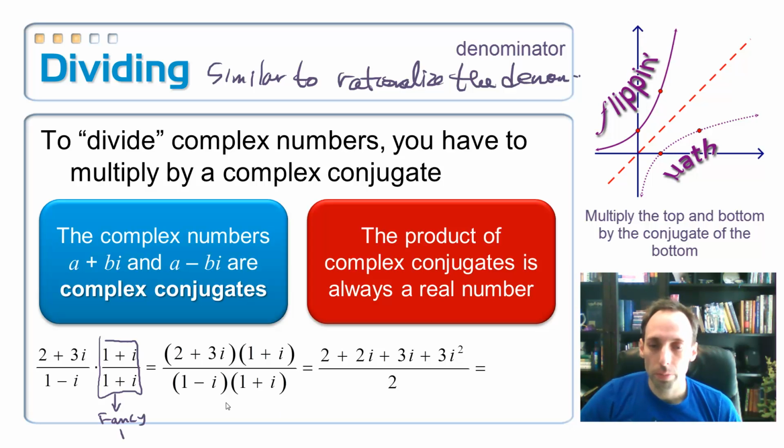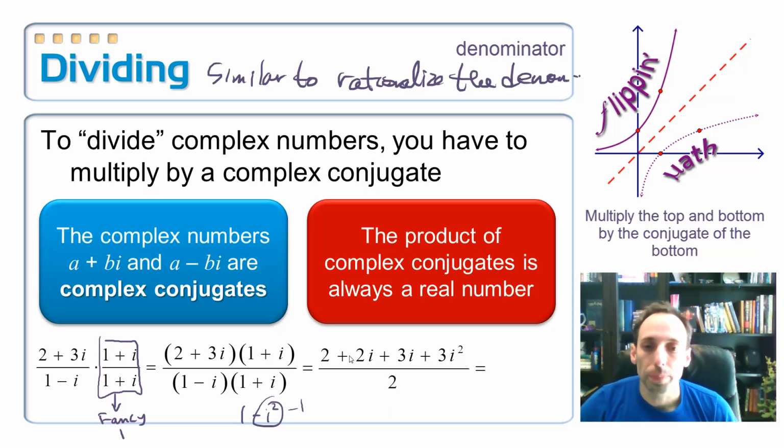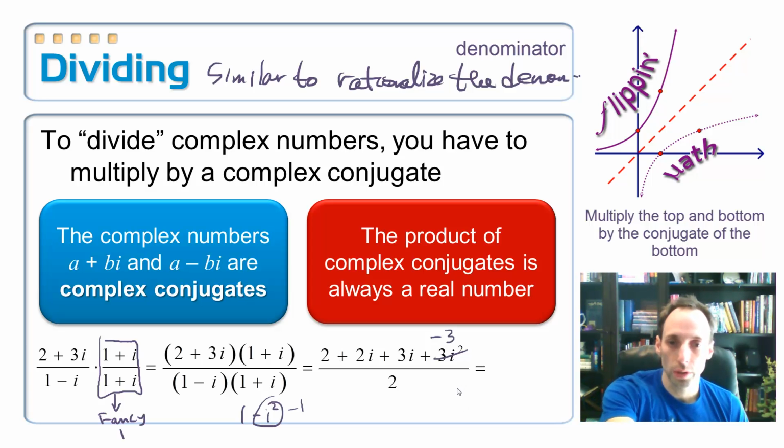The reason why the bottom is 2 is because we have 1 times 1 is 1, negative i times i is negative i squared, and that is negative 1, so negative negative 1 makes it positive. Alright, so simplifying up top, this is the same thing as negative 3, combine it up with the 2, and we have 5i's, just like this.